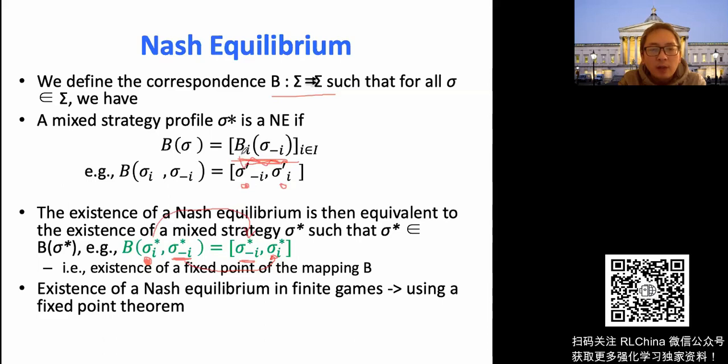You can think about this corresponding mapping, because the input and output are in the probability space, as we specified.